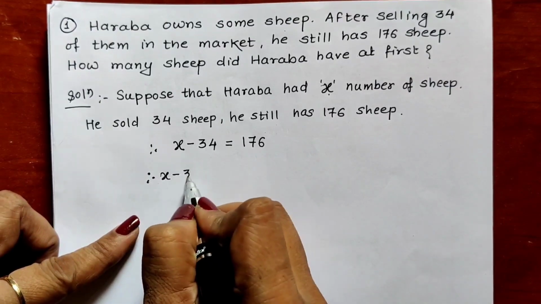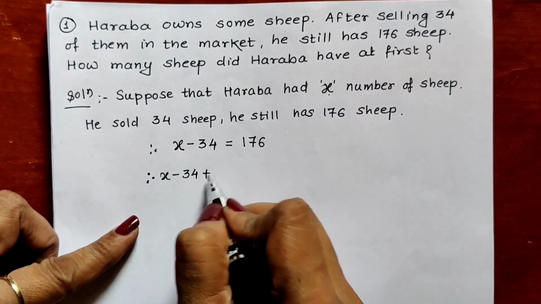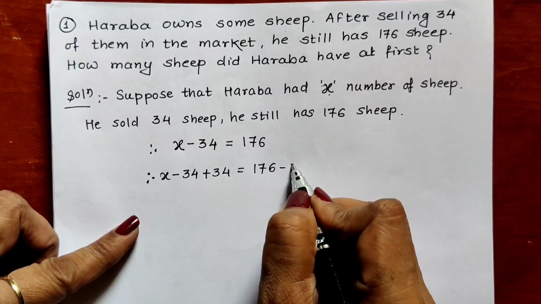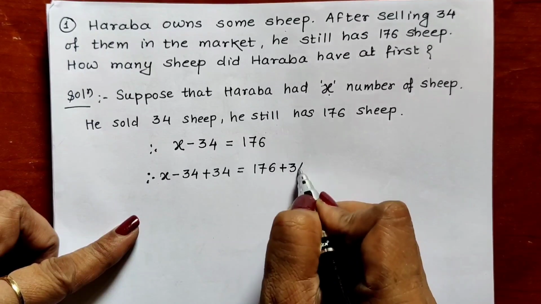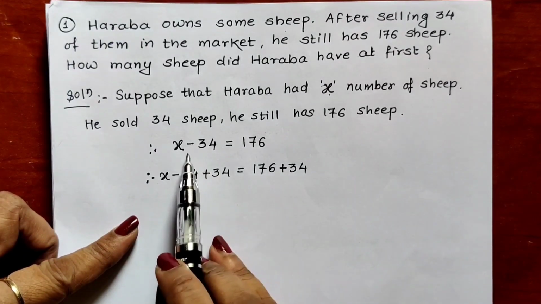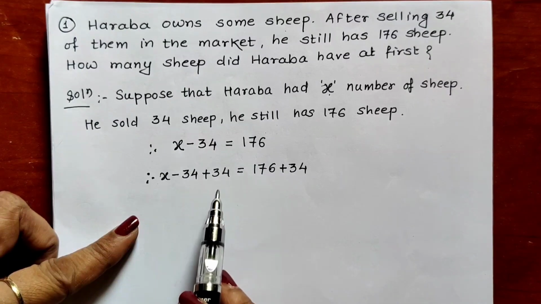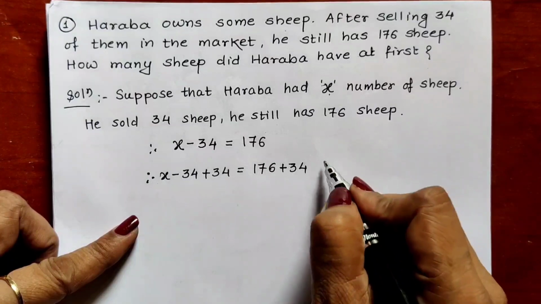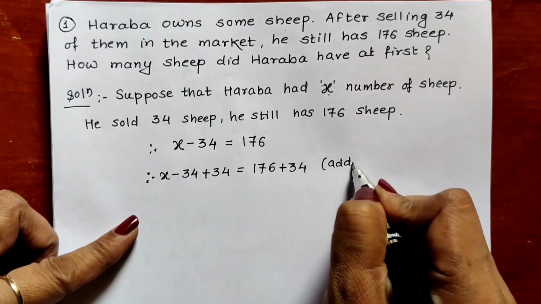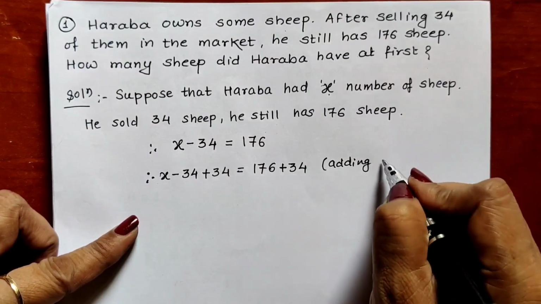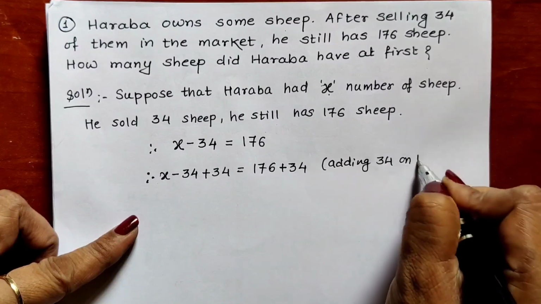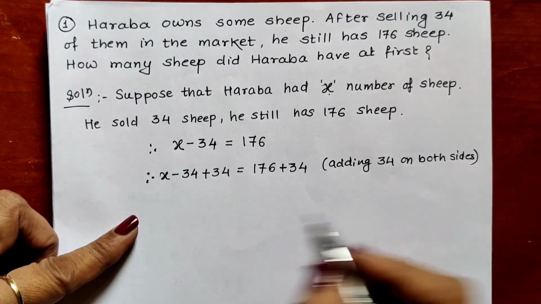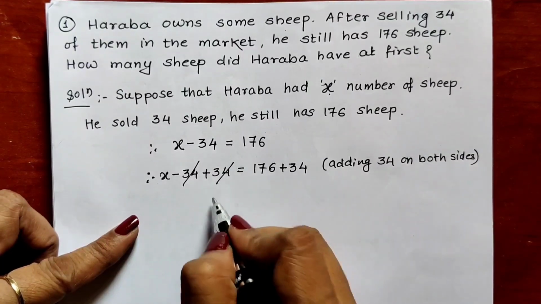So X minus 34 and then plus 34. 176 as it is, and then we write plus 34. That means previously it was X minus 34. We have to do the opposite of it. We have to add 34 on both the sides. So here what we did, adding 34 on both sides. So what we get, 34 cancelled.